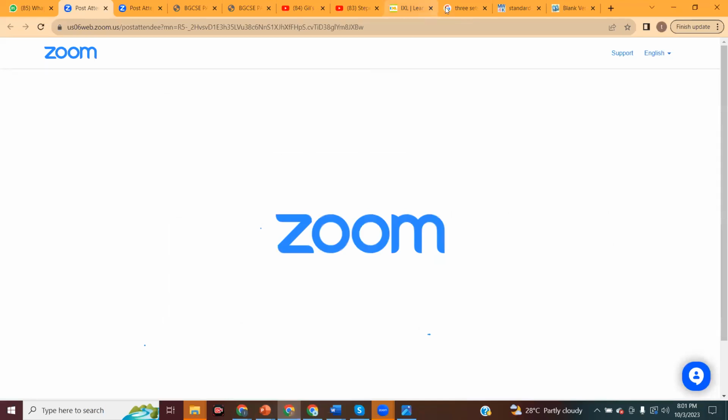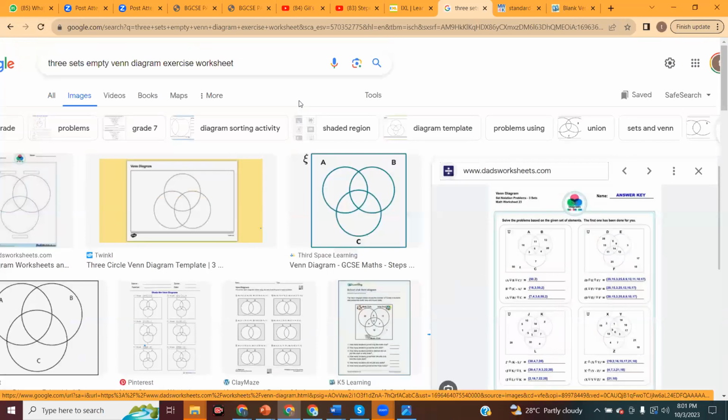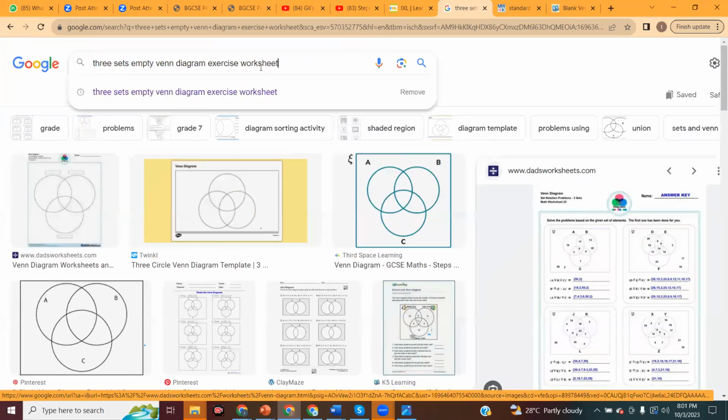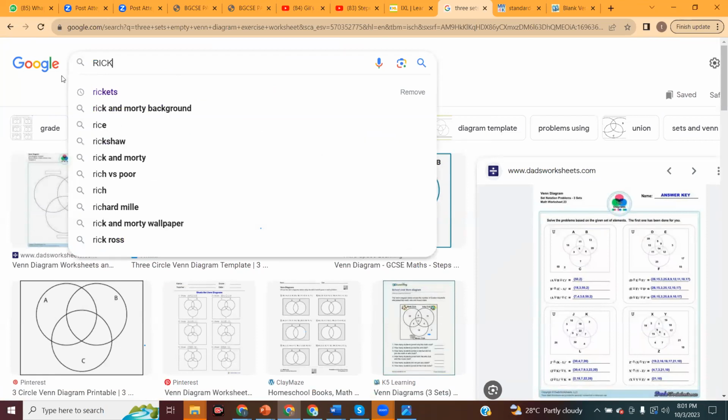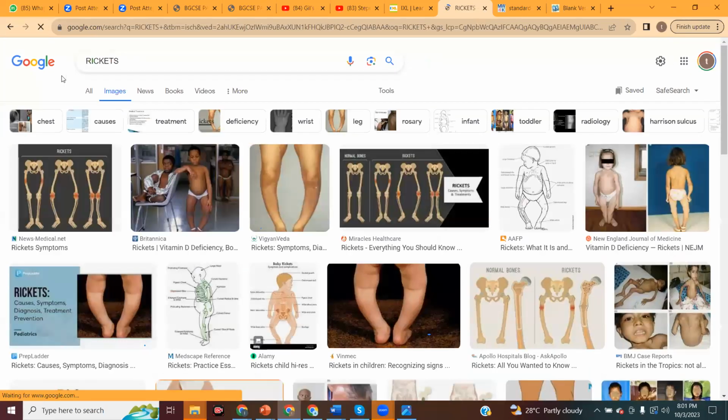Calcium and vitamin D. How does a person look who has rickets? Their bones look weak. Remember we said rickets? Very good. So this is rickets. What vitamin do they lack? They lack vitamin D and also the mineral calcium.